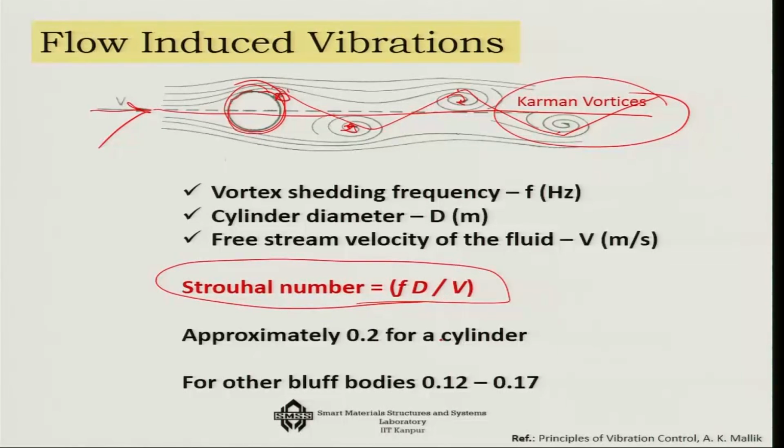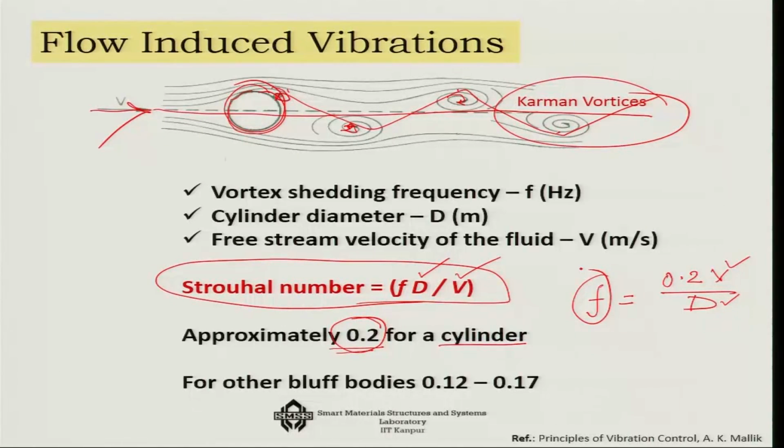For example, for a cylinder, the Strouhal number is 0.2, and the Strouhal number is a function of the vortex shedding frequency f, the cylinder diameter d, and the free stream velocity V, which are possibly known to you. So, by knowing this 0.2, you should be able to find the vortex shedding frequency, which will be 0.2 V over d. So, you know V and you know d, then you should be able to find out your vortex shedding frequency.